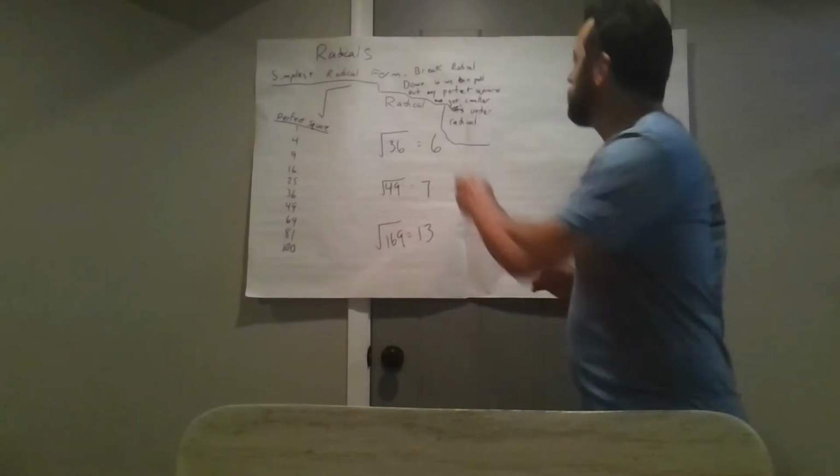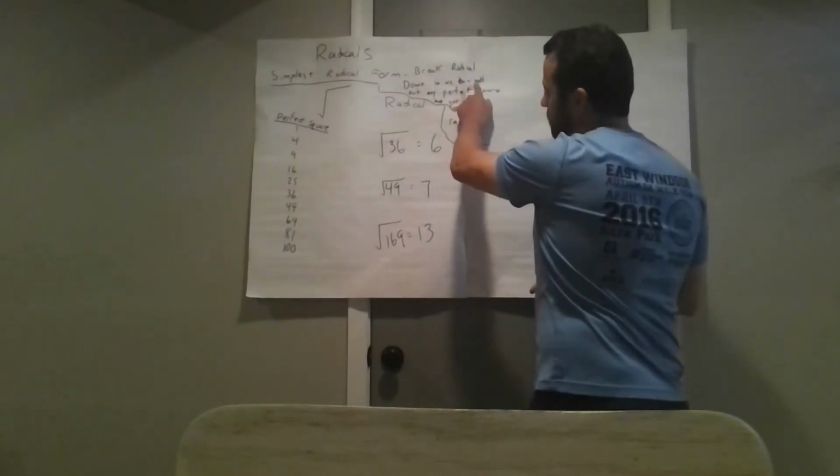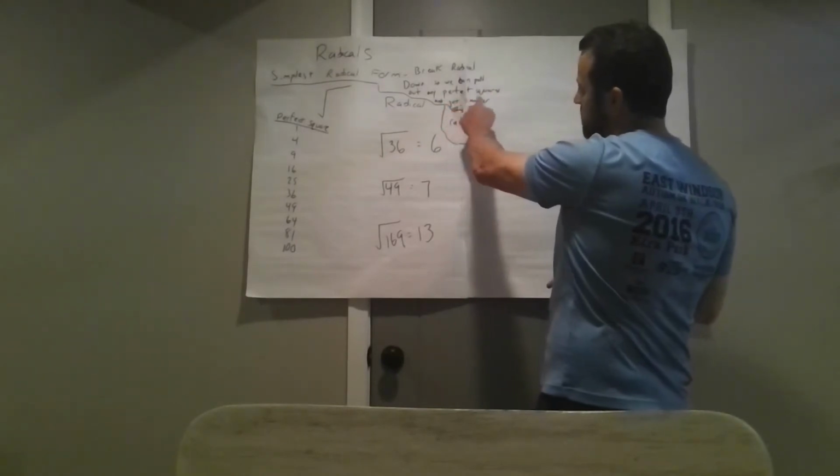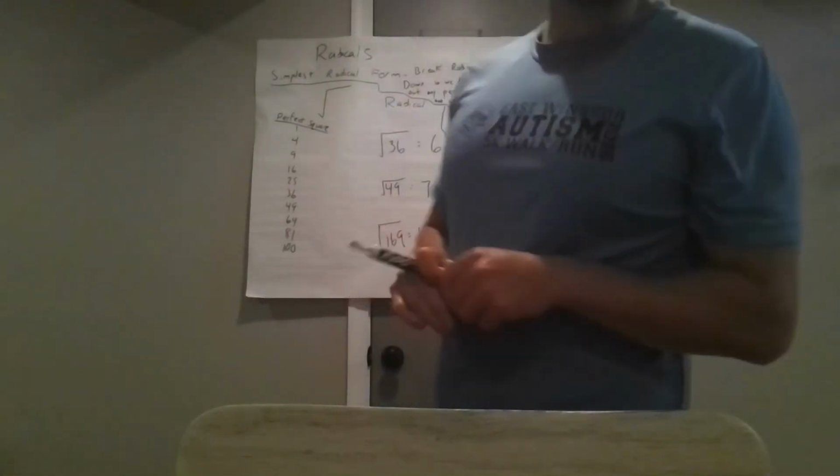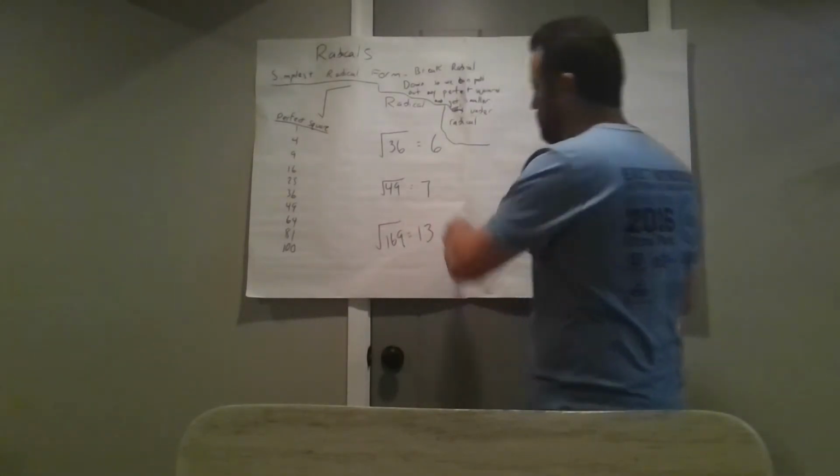All right, so we want to break the radical down so we can pull out any perfect squares and get smaller numbers under the radical. All right, that probably doesn't make sense to you yet. Hopefully it will shortly.